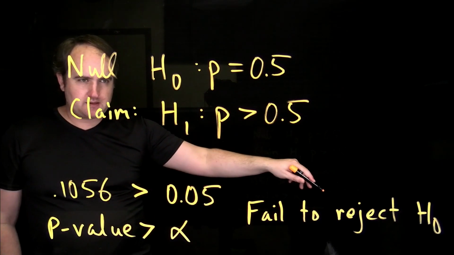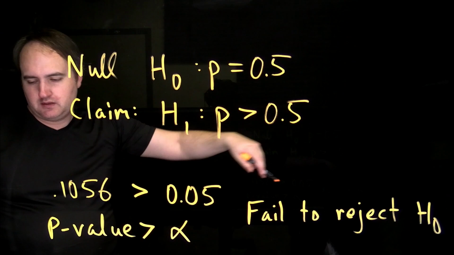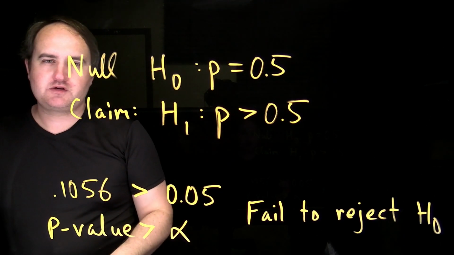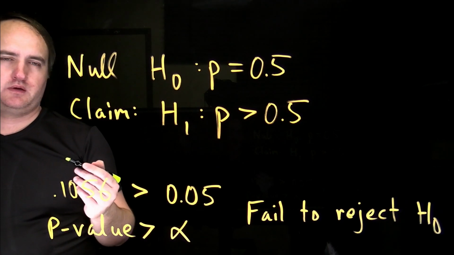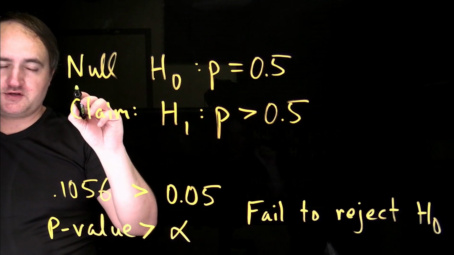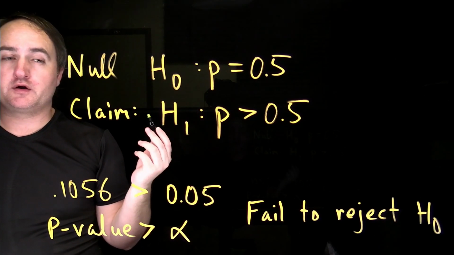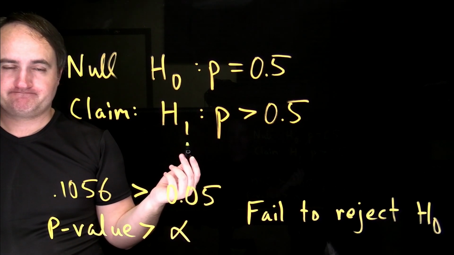So fail to reject means you do not reject H naught. So which of these two is supported? Well, if we do not reject H naught, that means that we aren't supporting H1.